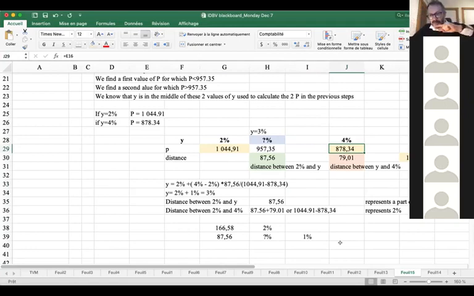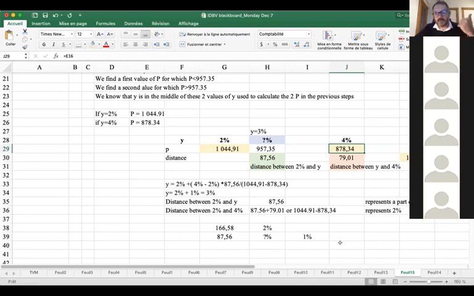When the yield to maturity is going up from 2 to 4%, the price of the bond is going down from 144 to 878. Keep that in mind. Mathematically, it's coherent because when the Y we use as a discount rate is going up, the price is going down. That's correct.